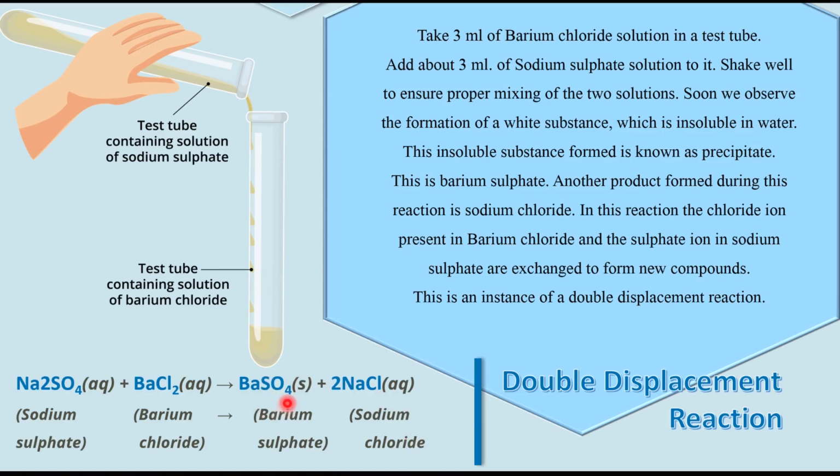Dear student, here two ions are exchanged: chloride from barium chloride and sulfate from sodium sulfate. Both the sulfate and chloride ions are exchanged, and hence this reaction is a double displacement reaction.